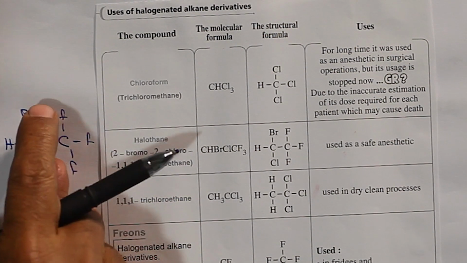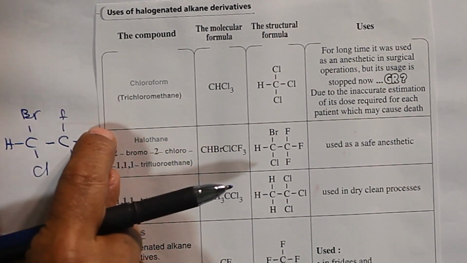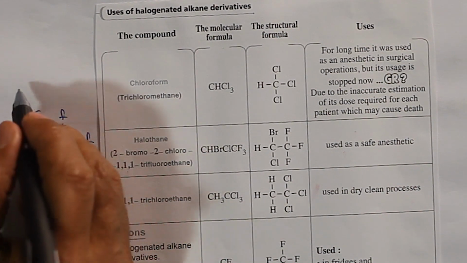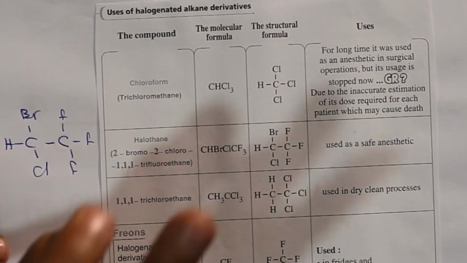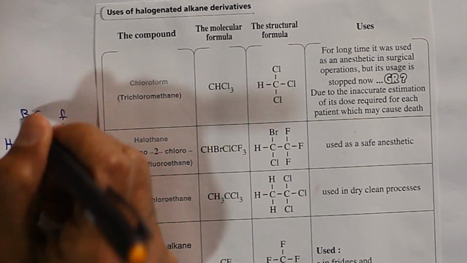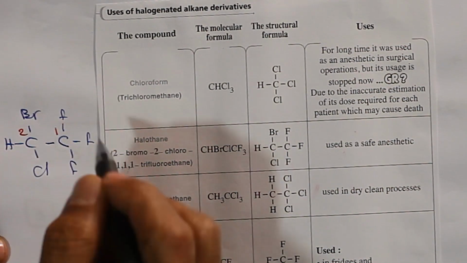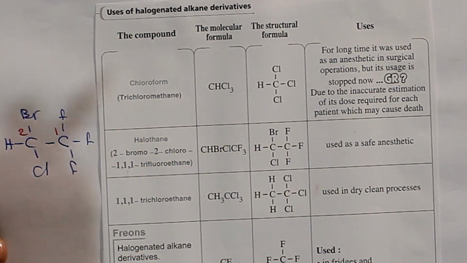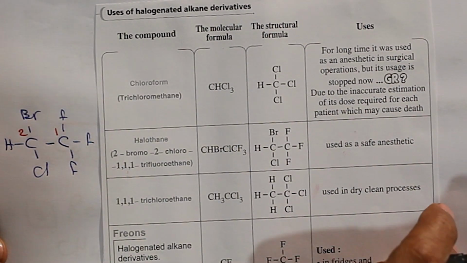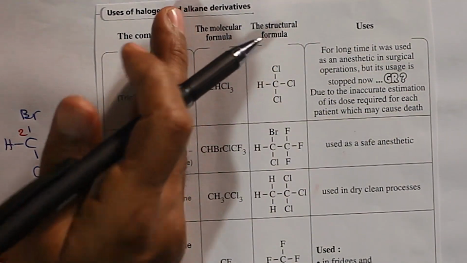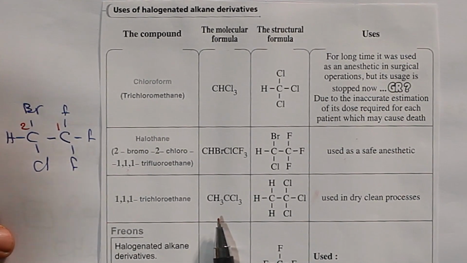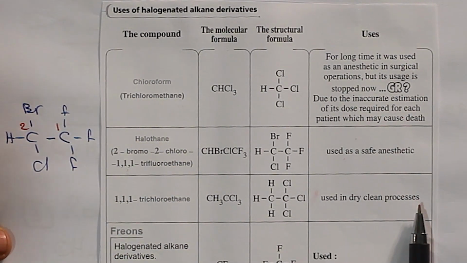Its nomenclature is 2-bromo, 2-chloro, 1,1,1-trifluoro. We ask ourselves why we write bromo and chloro first: according to alphabetical order. 2-bromo, 2-chloro, 1,1,1-trifluoro. It is used as an anesthetic because it is safer than chloroform. Number 3, 1,1,1-trichloroethane. It is used in the dry cleaning process.